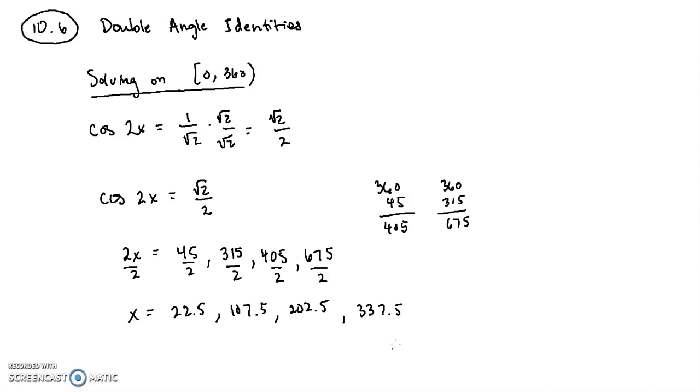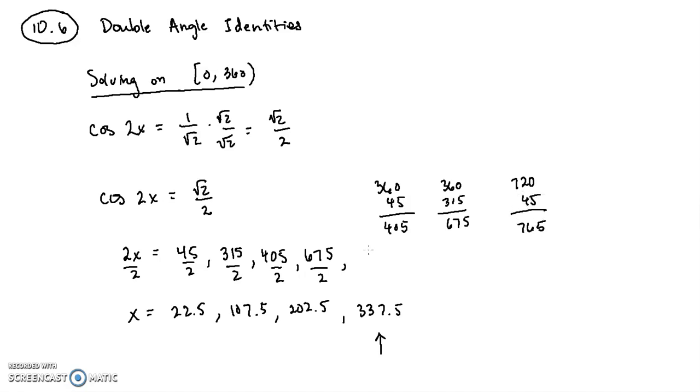Now look, when I cut them in half, look at my largest angle. We are just under our cutoff of 360. If I was not just under my cutoff of 360, I would want to come back up here and add another one just to be sure. So how would we add another one? We would take 45 and add 360 twice, or add 720.